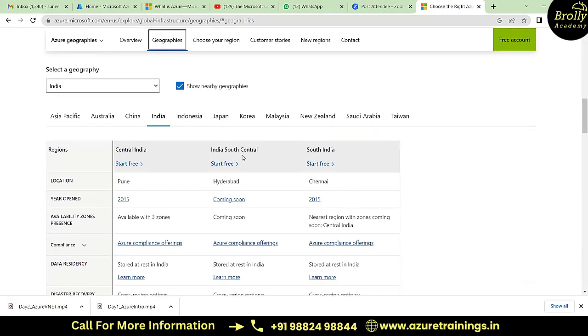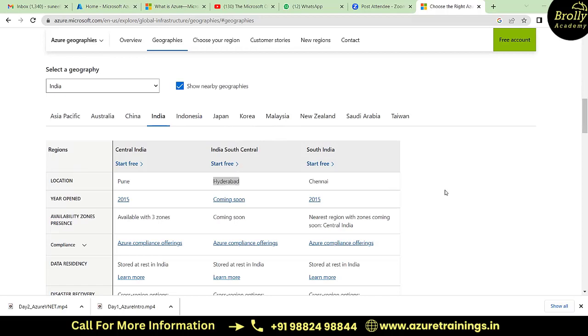Previously we had Mumbai. These are all regions. Central India is located in Pune, India South Central is located in Hyderabad, and South India is located in Chennai. Previously we had Mumbai here, but I am not sure. Maybe they moved that data center from Mumbai to Hyderabad. I think it is coming soon.